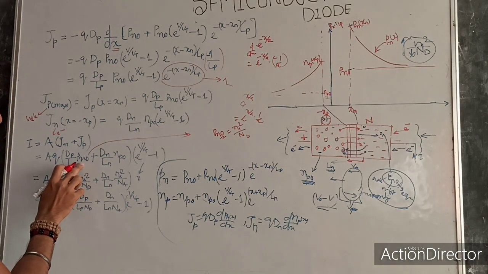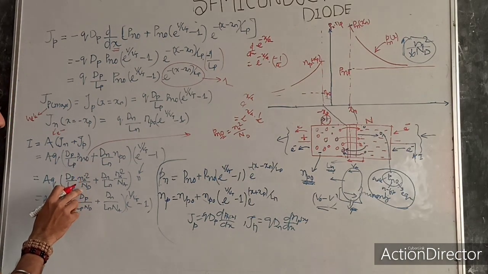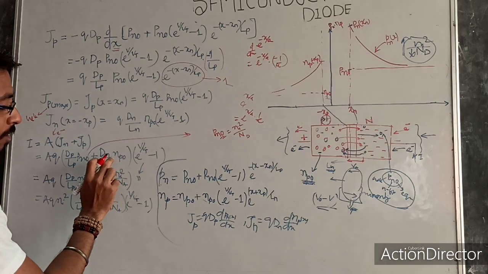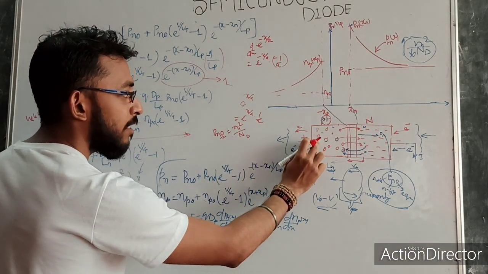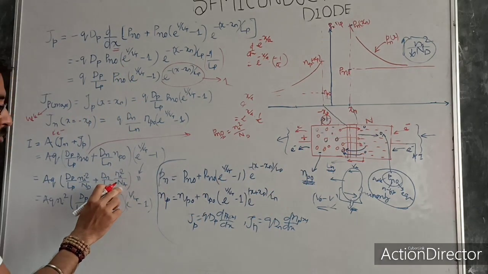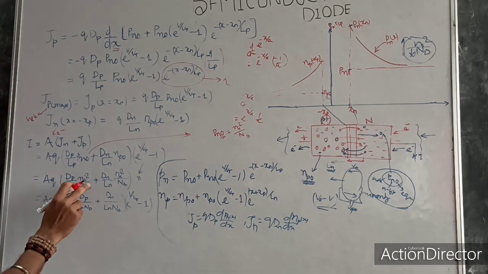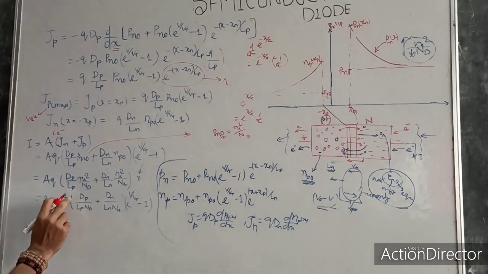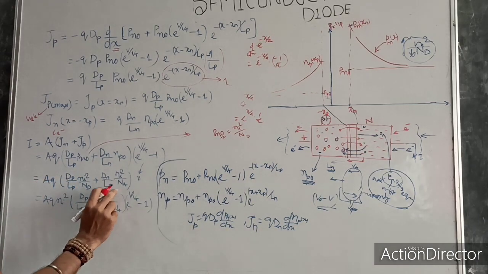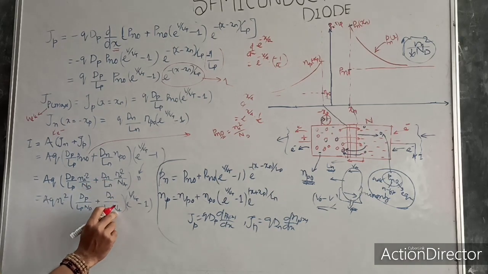So in place of Pn naught, I can write Ni square upon Nd. Similarly, in place of Np naught, the concentration of electrons at the p side, Na is present, so Ni square upon Na. Taking Ni square as common, we get A q Ni square, Dp upon Lp Nd plus Dn upon Ln Na.